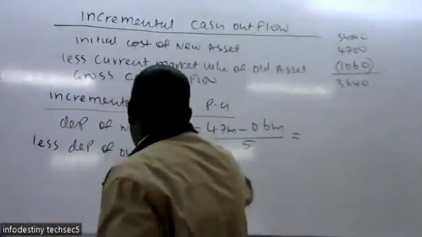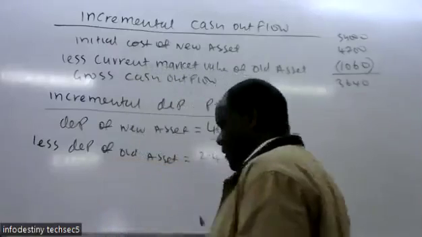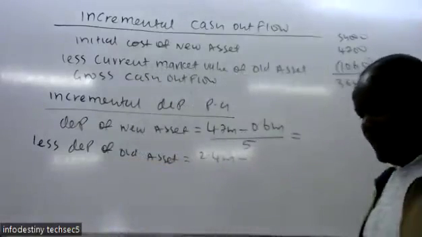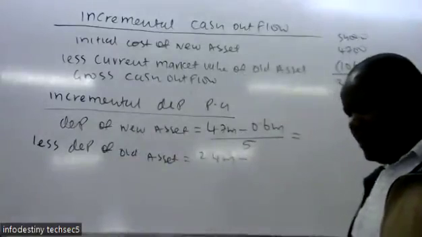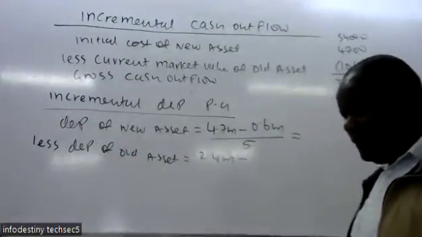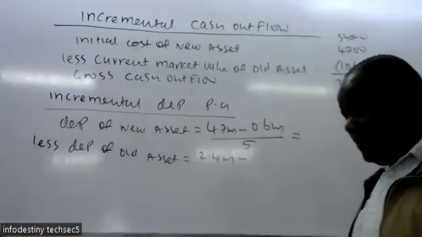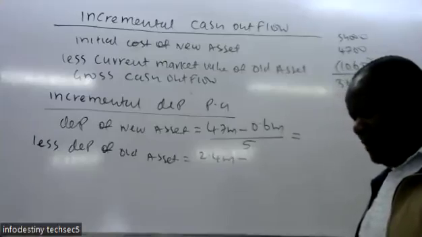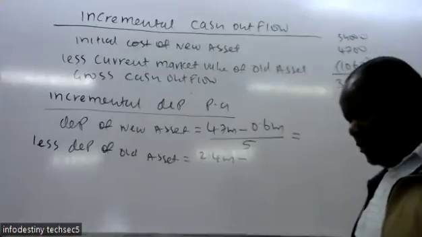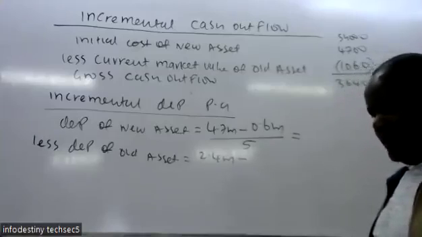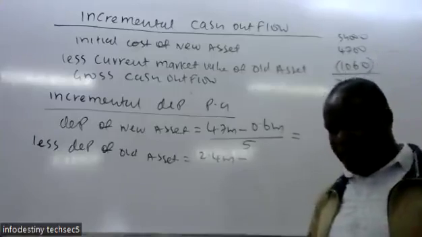Then they said that after the 2.4 million, with a remaining useful life of 5 years, the old machine can have a resale of 200. But this question did not give you the salvage value for the old machine.